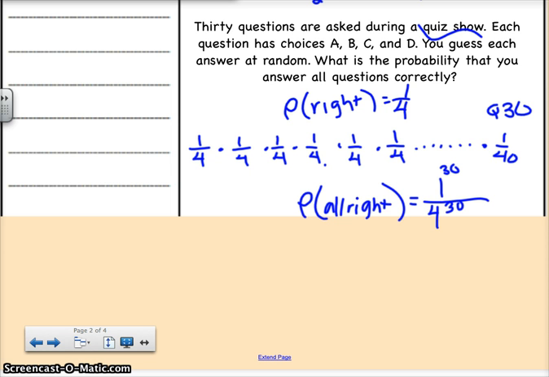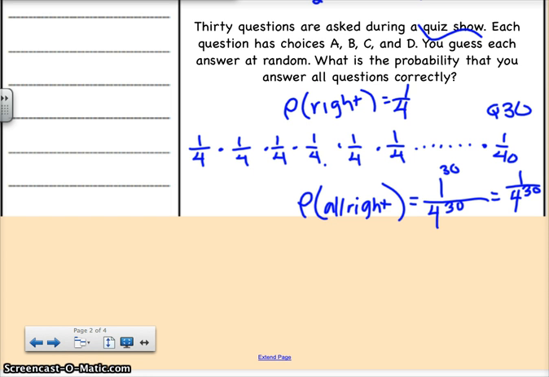That's 1 over a really big number. In other words, don't just randomly guess. You are going to be that outlier in our data set.